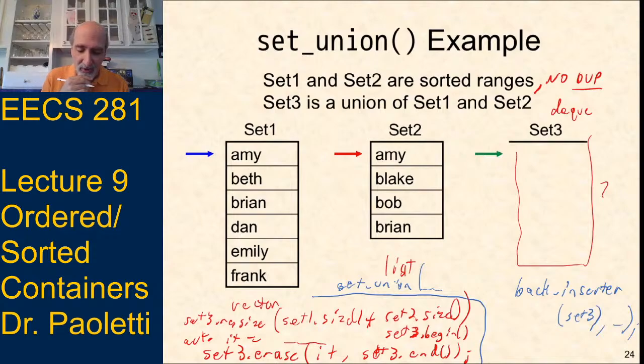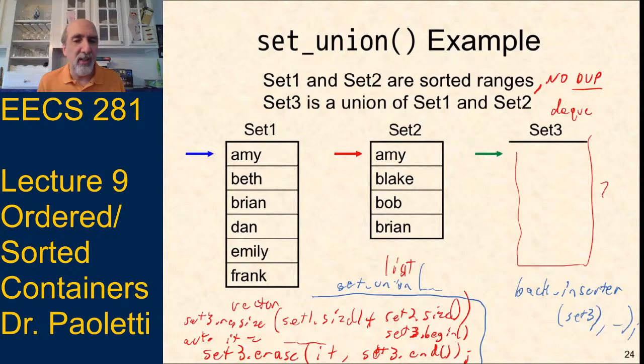What this says is back underscore inserter. To get a back inserter, you have to include iterator, which is the name of the header it comes from. Basically, a back inserter is like a wrapper around set 3. When someone dereferences the back inserter, writes something, and increments it, the back inserter says, set 3, why don't you go and do a push_back on that?